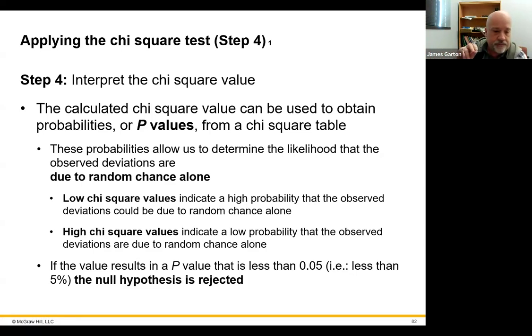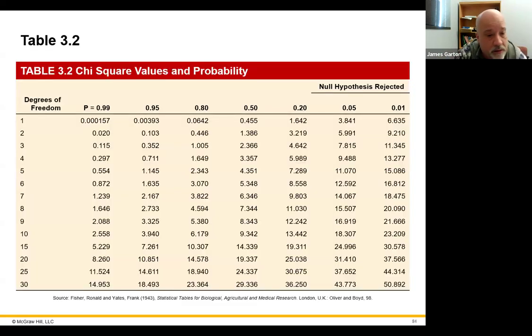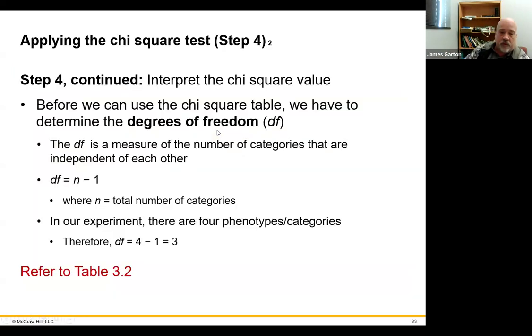And typically, you test the results at the 0.05 level, so less than 5%. And if the chi-square you calculate, in this example, is below 7.8 and some change, that means your null hypothesis is supported.